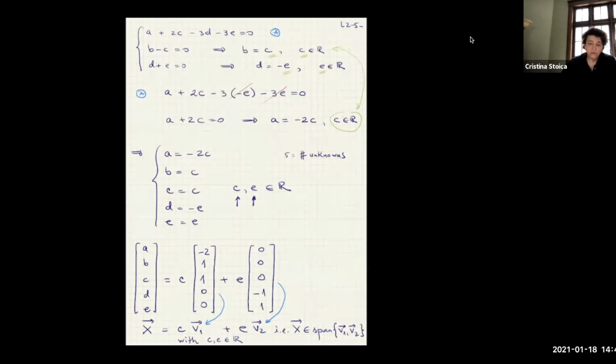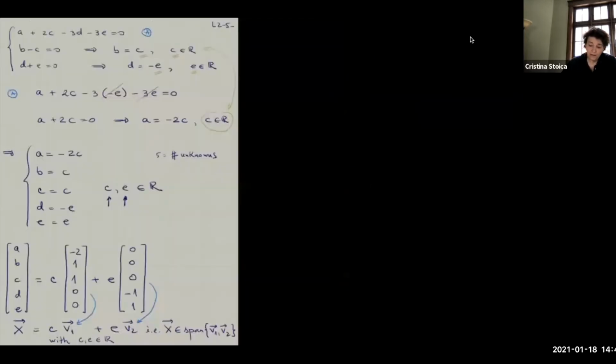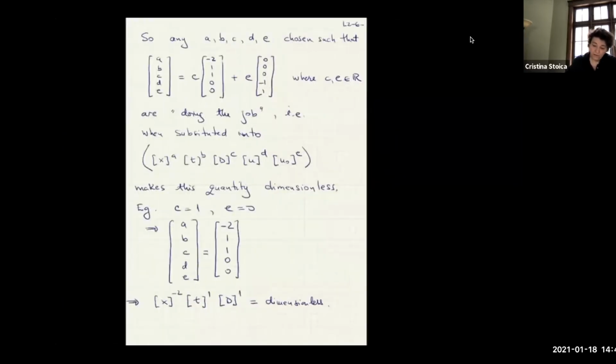So why are we doing this? Because now we go back to the original problem, and substitute into the dimensional expression of the original modeling of the equation.